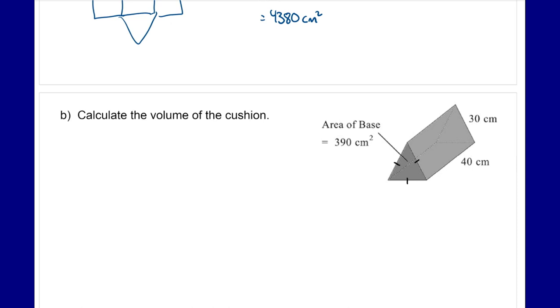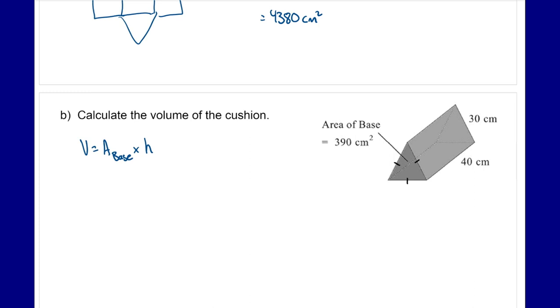So the volume of any 3D prism or object or cylinder is basically the area of the base times the height. So if I take this object and imagine I stand it up so the triangle is the base, then I can multiply it by the height, which in this case is 40.